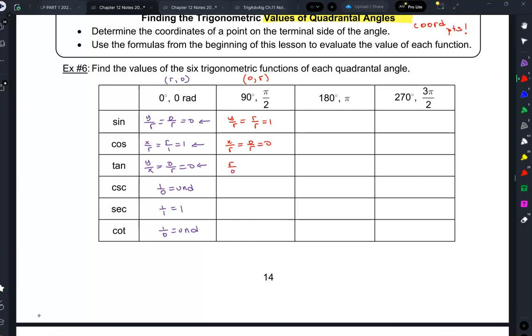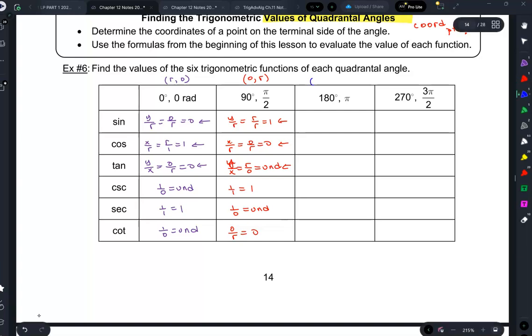Tangent is y over x, r over 0, undefined. Cosecant, 1 over 1, 1. Secant, 1 over 0, undefined. Okay, cotangent, it's not going to be 1 over undefined, right? So we're going to do the reciprocal of this, 0 over r, 0.